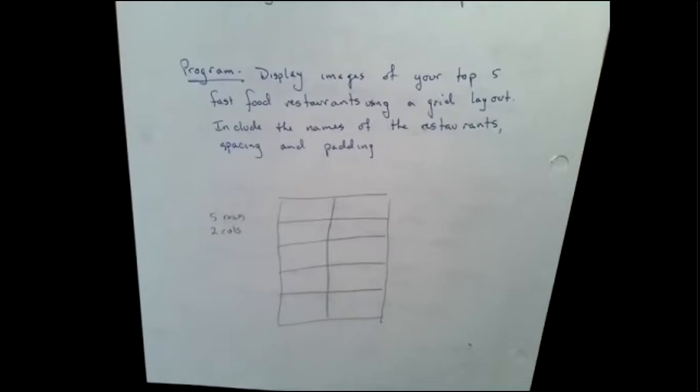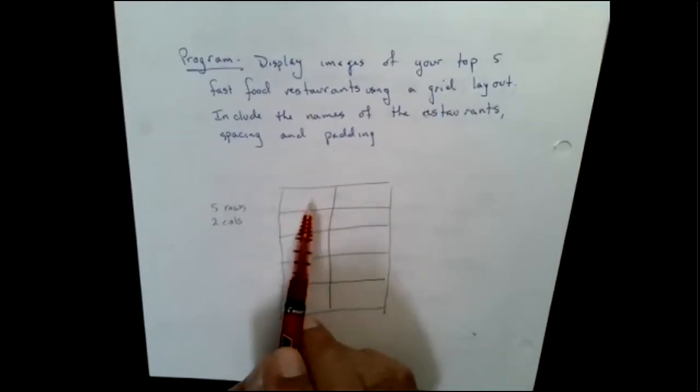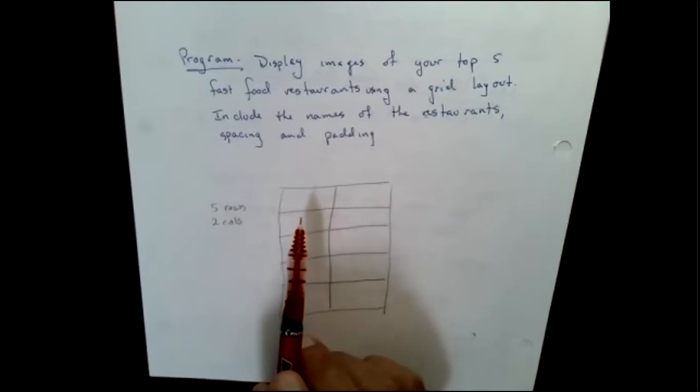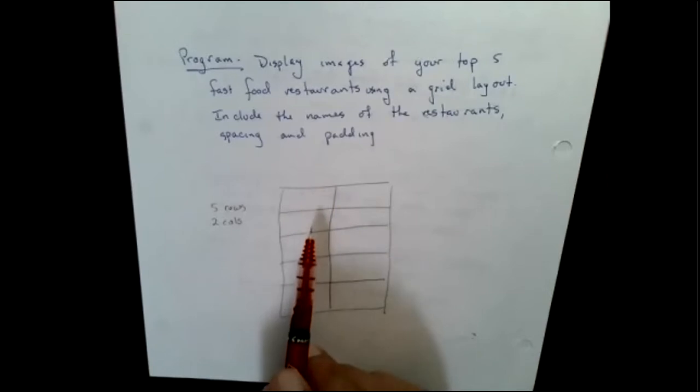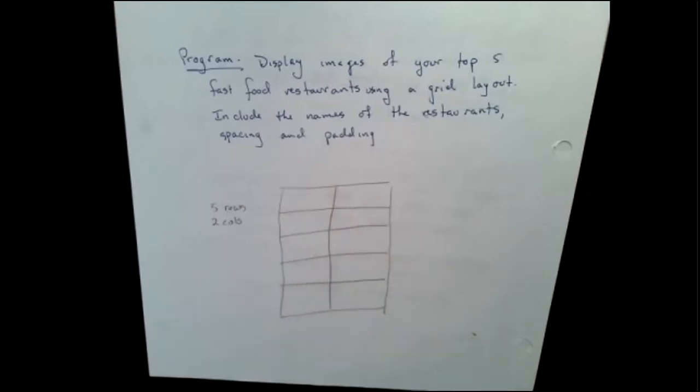And then beside it, put the names. Try to throw some spacing in, try to throw some padding in. So what's your number 1 restaurant in your group? It might be McDonald's. Number 2 might be Jack in the Box. So you're going to get 5 images and 5 names beside it and fill this in.